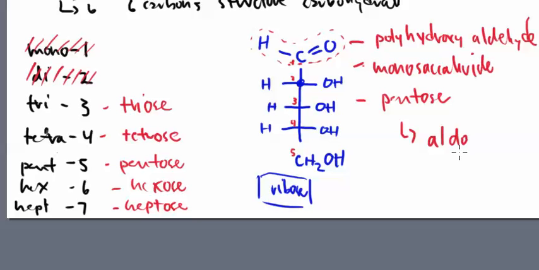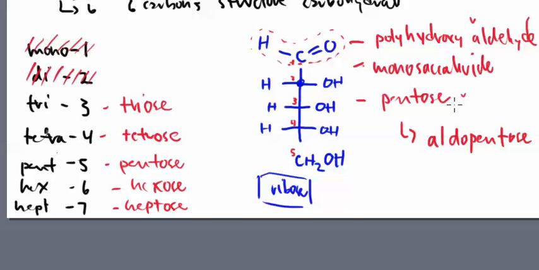So we can call this an aldopentose if we want. And that kills 2 birds with 1 stone, right? We talk about the aldo, so we know it's an aldehyde. That's a check mark. And we know that it's a pentose, so there's 5 carbons there, so there's a check mark. So we tackle both of them in one run by calling it an aldopentose.